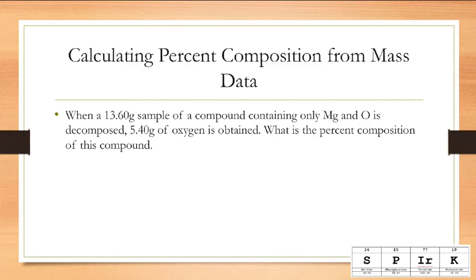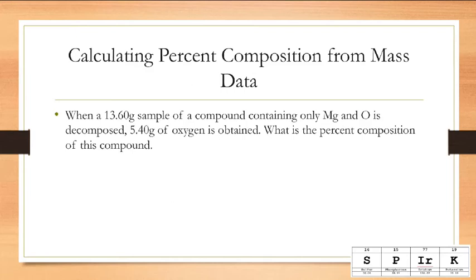So let's practice a problem. When a 13.60 gram sample of a compound that contains only magnesium and oxygen is decomposed, 5.40 grams of oxygen is obtained. What is the percent composition of this compound? So we want to determine the percent composition of magnesium and oxygen in this compound.